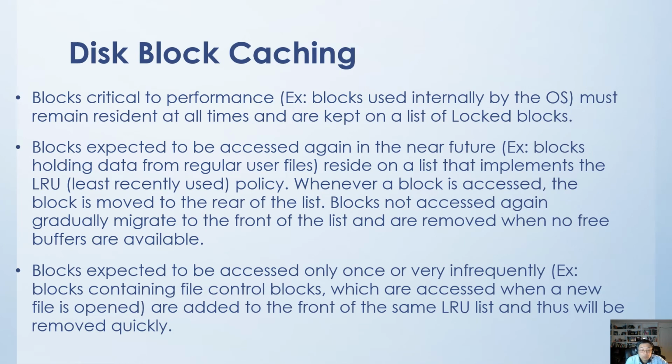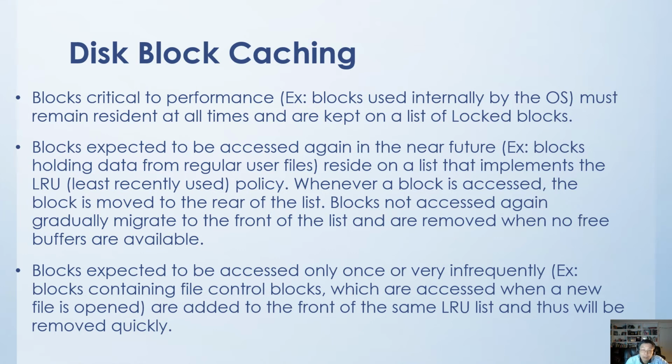Now, as was mentioned in the previous slide, since a disk block cache can contain a large number of blocks, typically a hashing function is used to organize blocks into separate lists for faster access. You have to use the hash function. In addition, all blocks are divided into several categories and are linked together using separate linked lists.